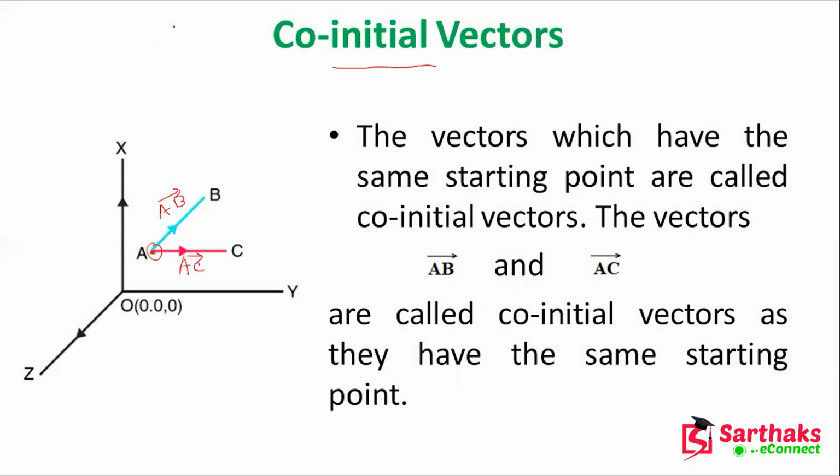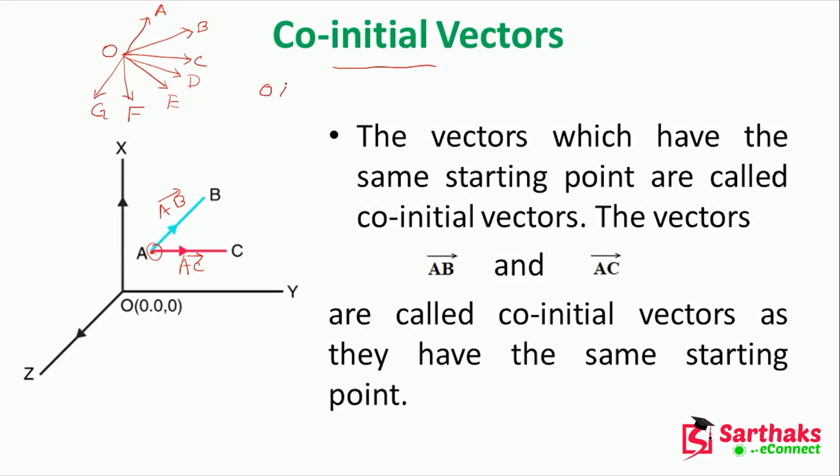Suppose I have many different vectors, and here suppose this is the point O, and then A, B, C, D, E, F, G. So how many vectors are there?